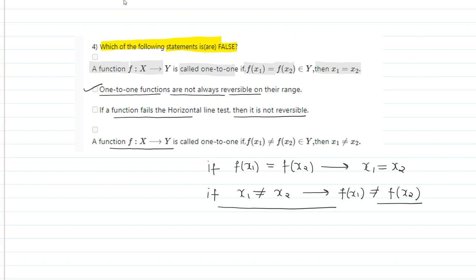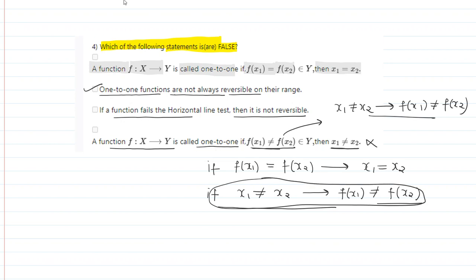A function from X to Y is called one-to-one if f(x1) is not equal to f(x2), then x1 is not equal to x2. This statement is false because, as we discussed, it should be that if x1 is not equal to x2, then f(x1) is not equal to f(x2). So these two statements are false.